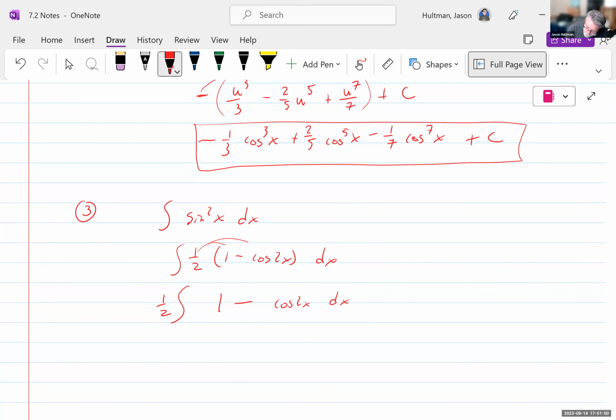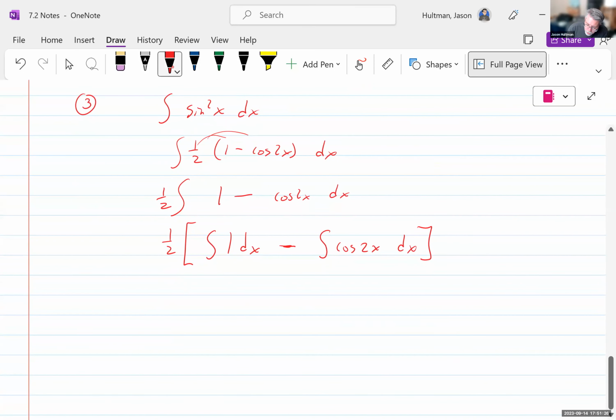Now I need to break this up into two separate integrals. This is going to be 1/2 times the integral of 1 dx, minus the integral of cosine 2x dx.